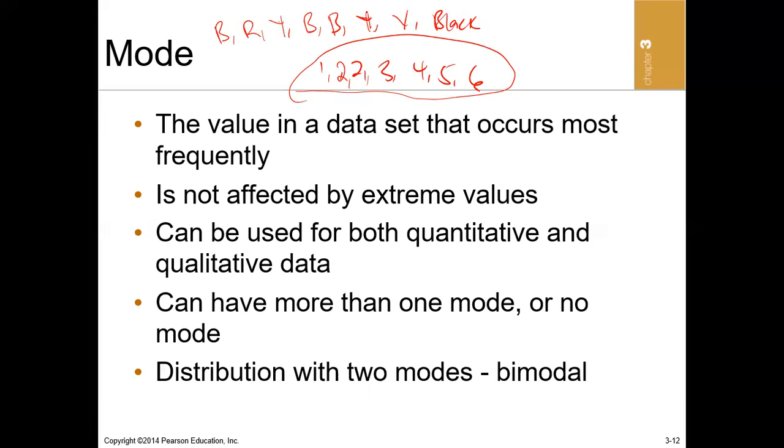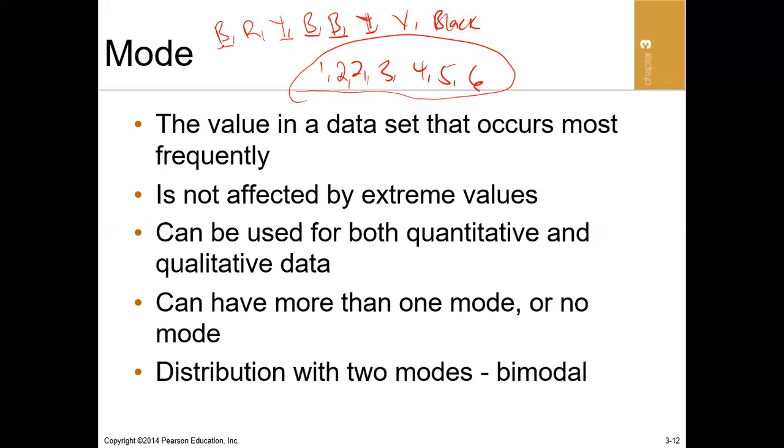Now we can find the mode of these items, even though they are not figures. The mode will be the item that appears most, which is the blue color. It has 1, 2, 3. The yellow color just appears 1, 2. So the blue color appears most.